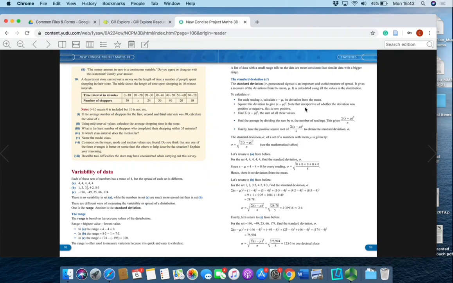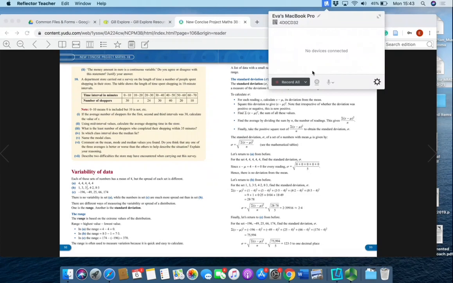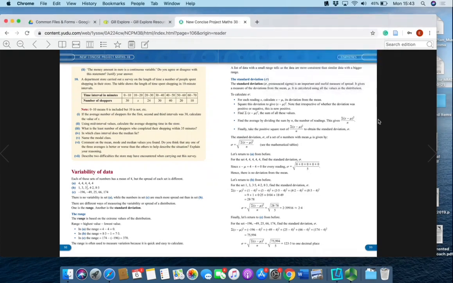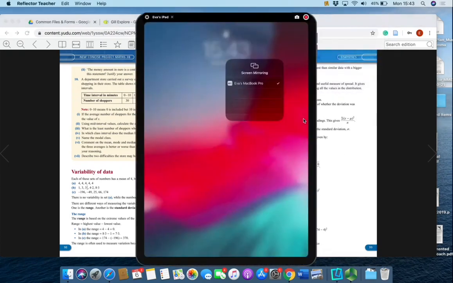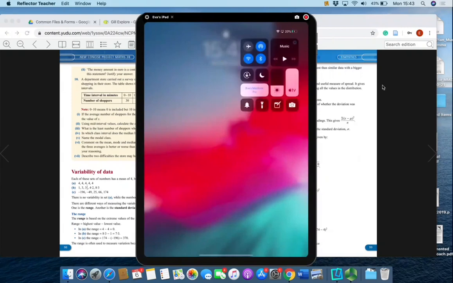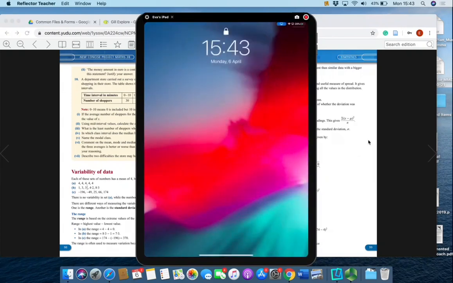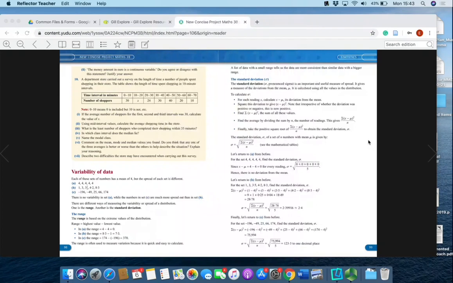Okay, standard deviation is quite a long, cumbersome calculation. So I'm going to do one by hand for you. Okay, so the formula that I'm going to use, let me just not share for a minute until I show you the formula, is as such.